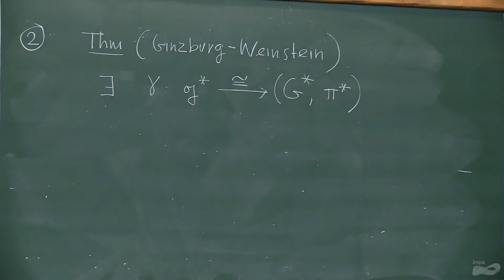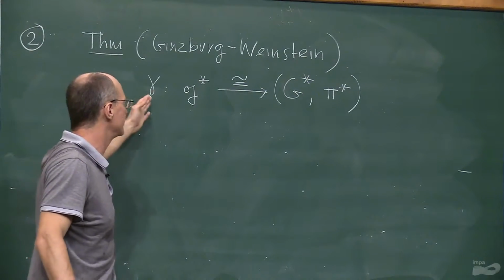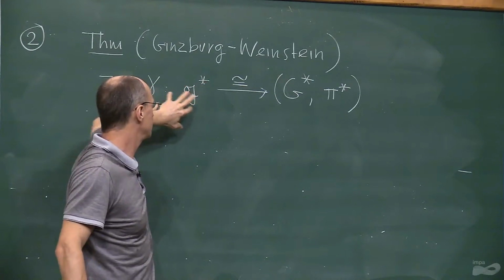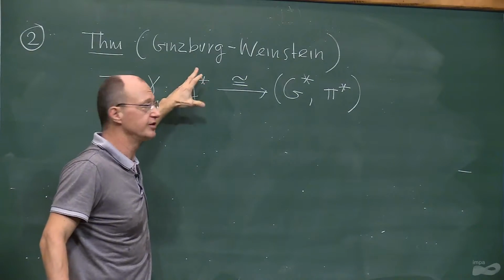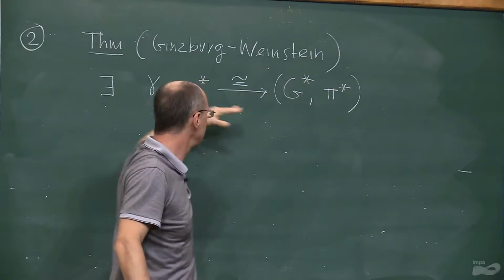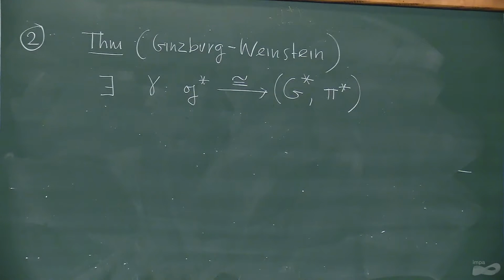This is a deep result which has many different proofs. Maybe we will also come back in some minutes to the discussion. But important to know now that there are many such Poisson isomorphisms. Indeed, you can compose with any Poisson isomorphism of G star on the left or any Poisson isomorphism of capital G star on the right, you get a new one, right? That we will return to shortly.